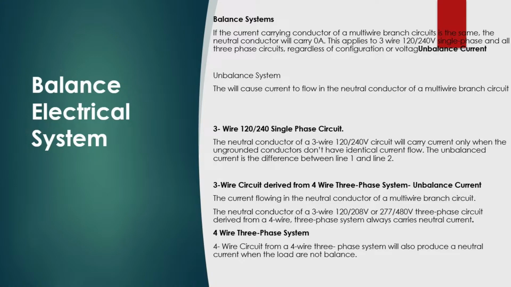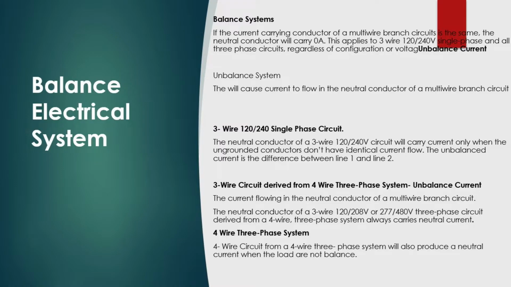But if we can reduce the value to that which is minimal, then of course that is something we want to achieve. So that is the fundamental importance of deriving a balanced system.